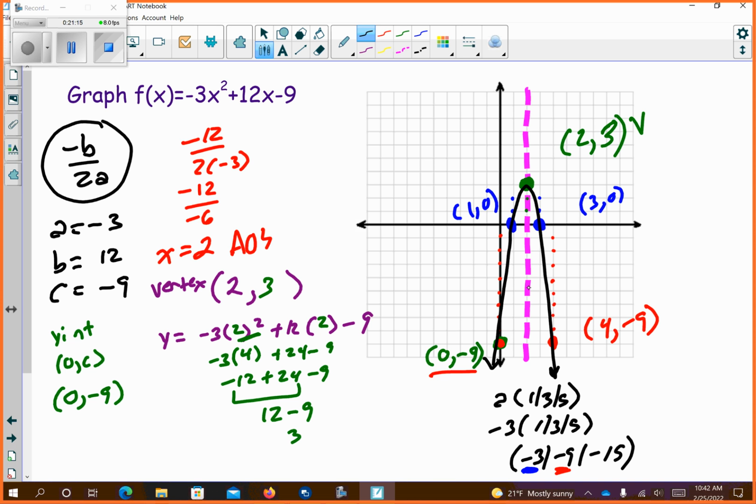Now, things just to know of reasons we had done in the past. So our factoring that we had done, remember we set the factoring equal to 0 and you found like x equals 3 and x equals 4? That's where it's crossing the x-axis. So the factoring goes along with this type of stuff with the parabolas. It finds us the roots. Okay? Do we always know the roots?